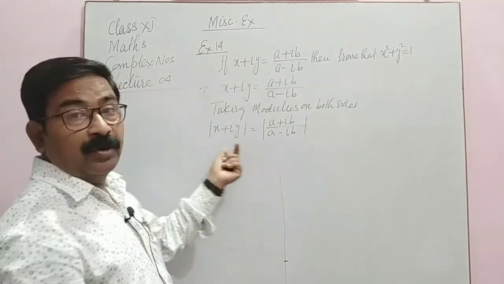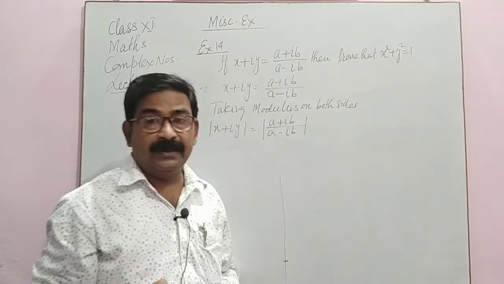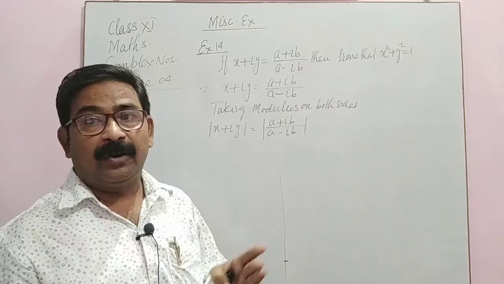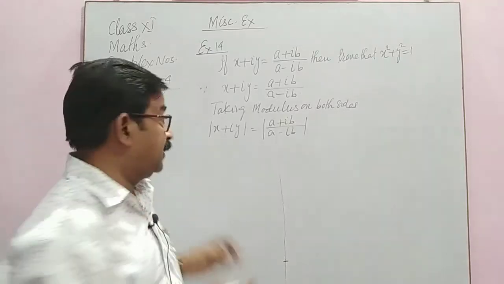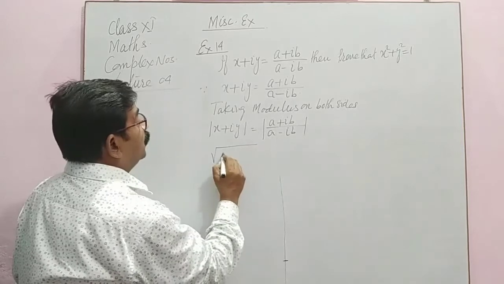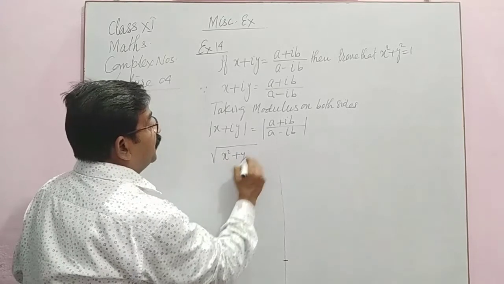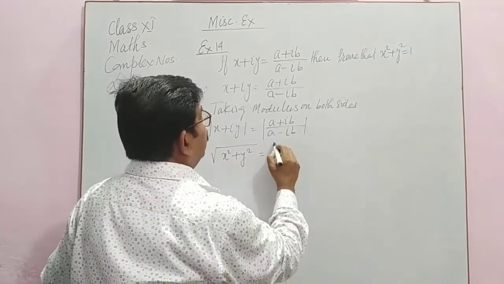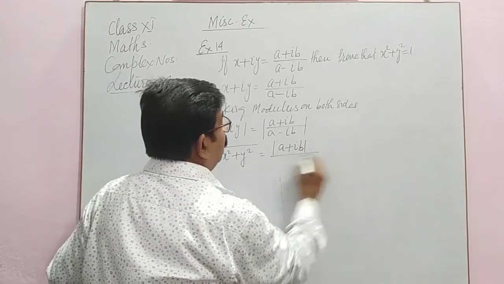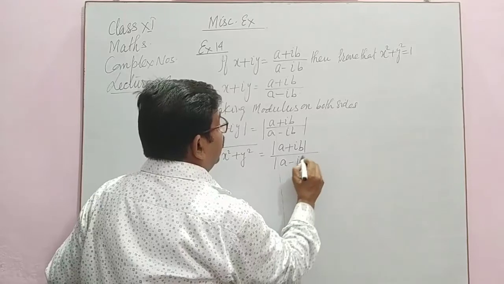Now you know what is modulus. Modulus is the square root of the sum of squares of the real part and imaginary part. This we can write as under root x square plus y square, and the right side can be written as the modulus of a plus ib upon the modulus of a minus ib.